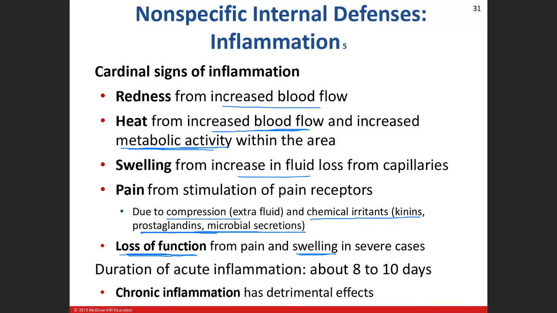But if there's excessive scar tissue, then you will lose function. Hopefully the loss of function is only temporary. If it's permanent, then we're dealing with a more severe situation. So again, acute inflammation does not last long, less than 2 weeks. But if it's chronic, bad. Chronic inflammation, bad.